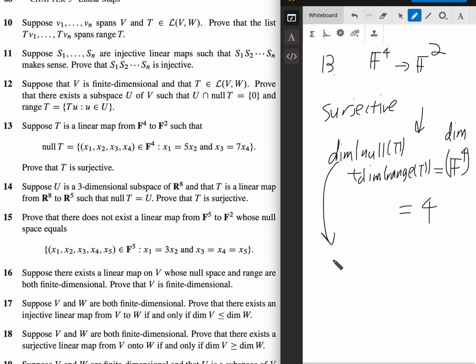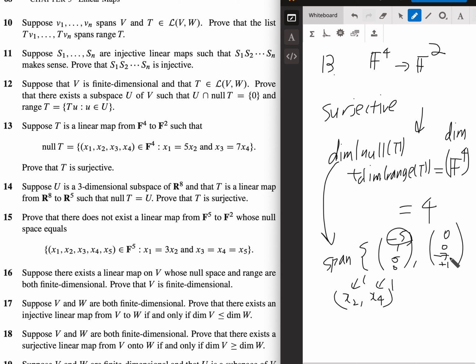So here you want to observe that the null space is dimension 2 and is in fact spanned by, let's say, minus 5, 1, 0, 0 and 0, 0, minus 7, 1, where I use x2 and x4 as the variables I want to parameterize around, and x1 and x3 as being dependent on x2, x4. So I've got two free variables, x2 and x4, so I can construct it like this.